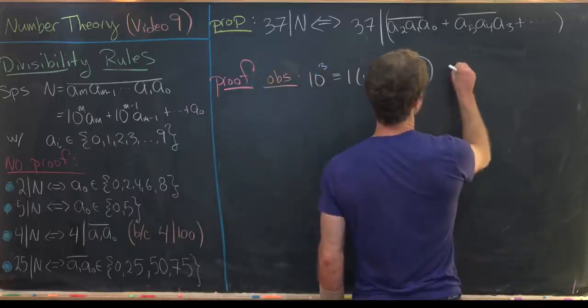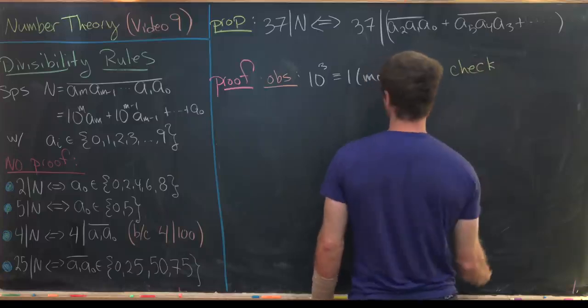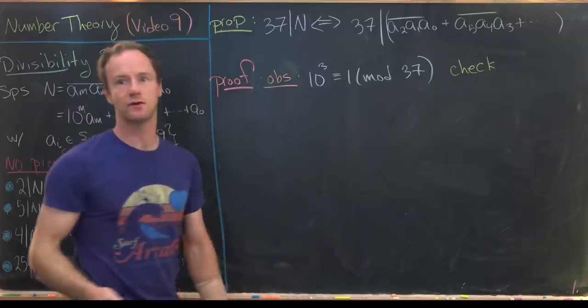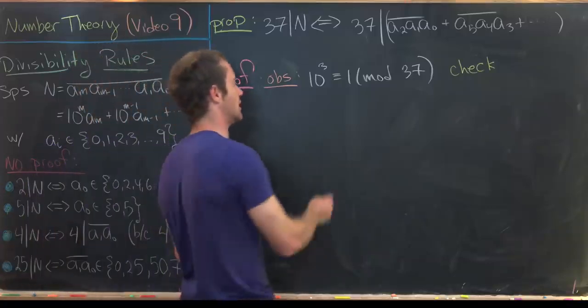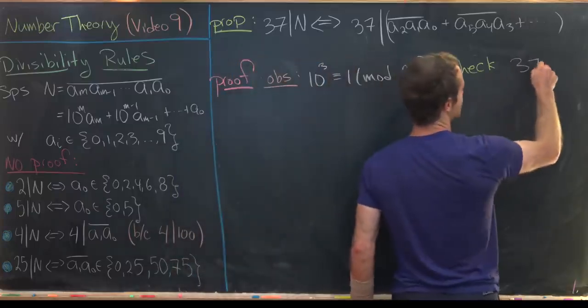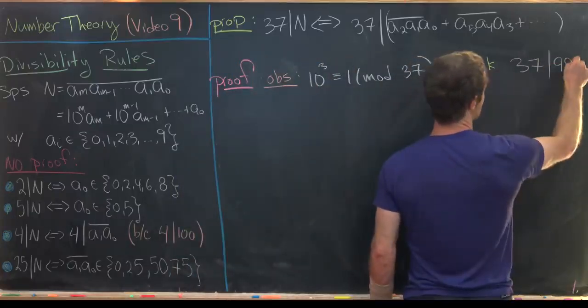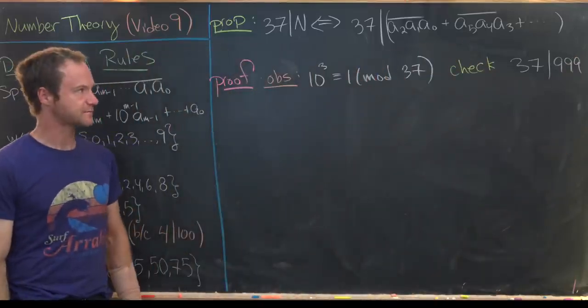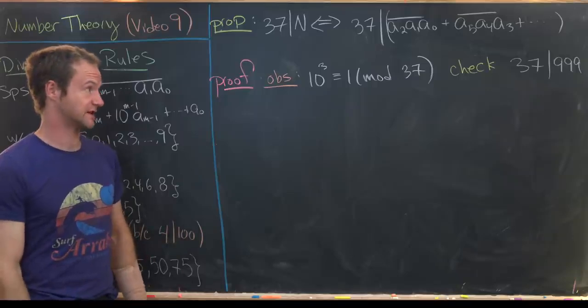So maybe this would be useful to check, but all you have to do is check, well, 10 cubed is equal to 1,000, minus 1 is 999. So all you really need to do is check that 37 divides 999. That shouldn't be too hard to do using elementary school arithmetic.